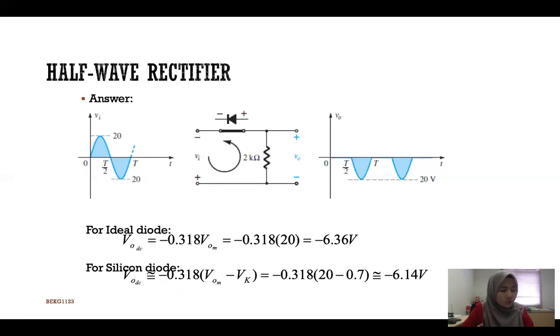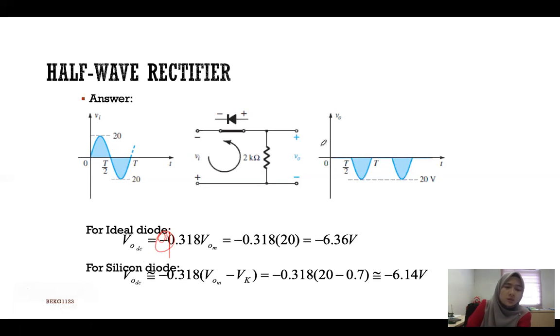Because it doesn't state whether to consider an ideal diode or silicon diode, the answer gives both. If you consider the diode as an ideal diode, your VDC will be negative 0.318 Vm. Why is there a negative? Because it's a reverse bias. If it's forward bias, no negative.